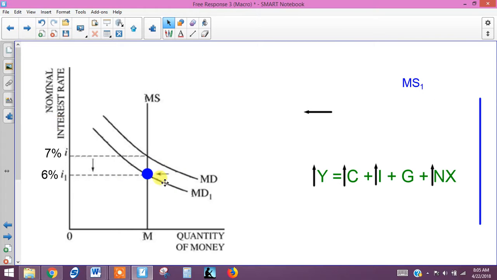This one, right? In order for us to get back up to here, we're going to need to shift the money supply curve to the left. That's what the Fed is going to try to do. So they're going to try to decrease the money supply so that we move back to here and return to our original interest rate.